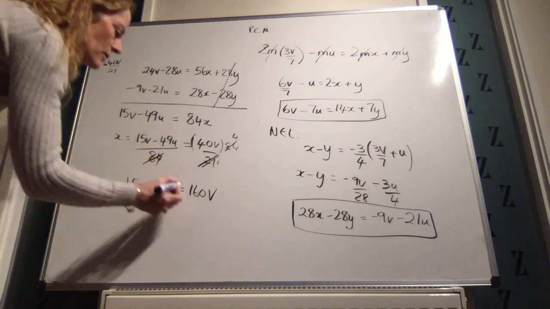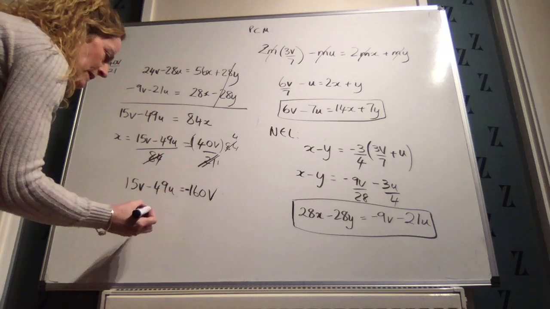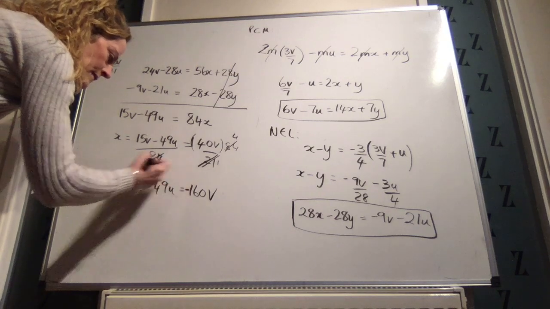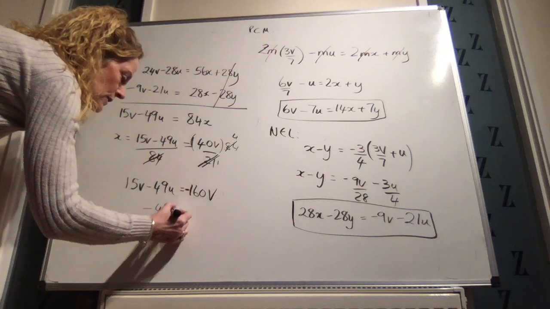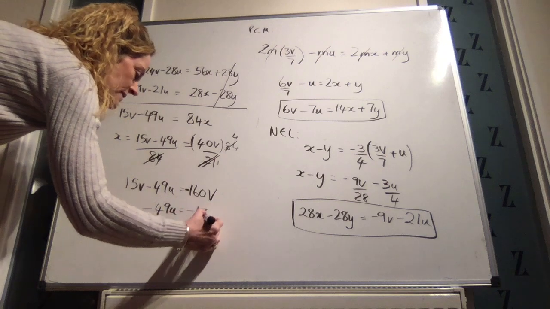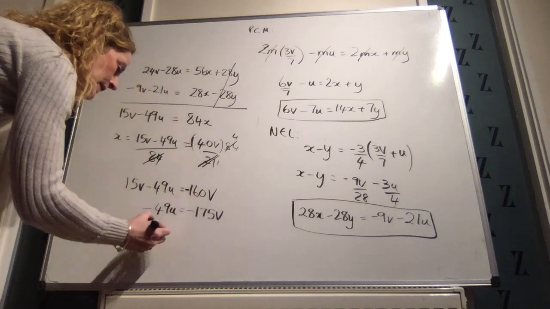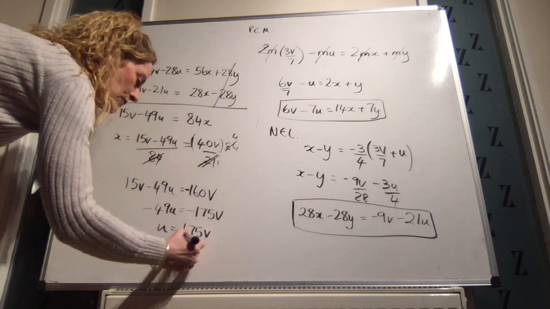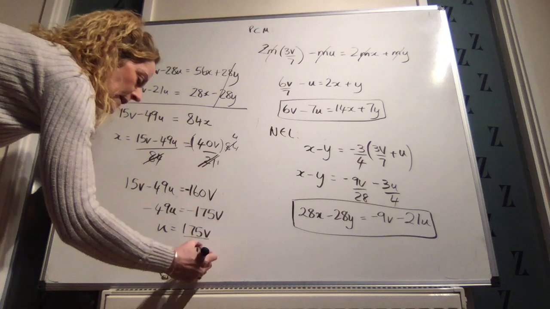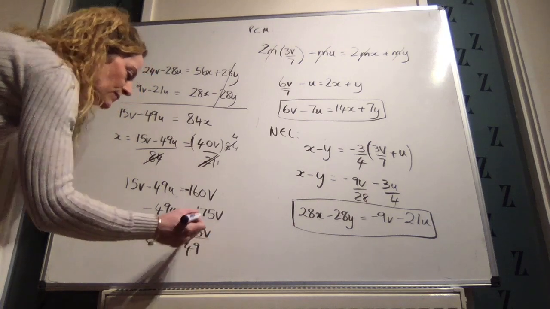I think I took that down wrong. So that's a minus. So what are we left with then if we bring this over? We've got minus 49u is equal to minus 175v. Okay, so u is equal to 175v over 49.